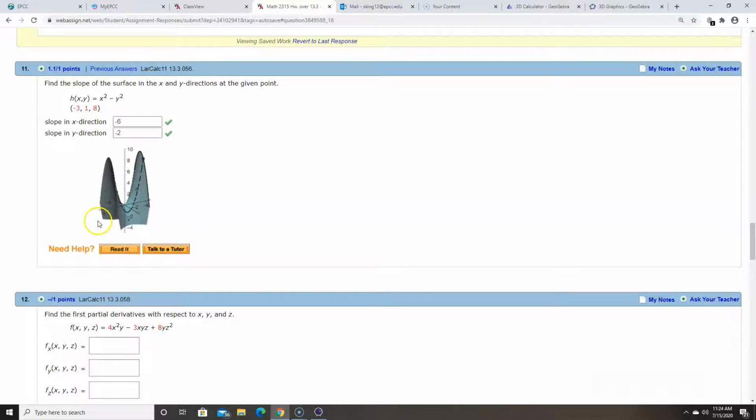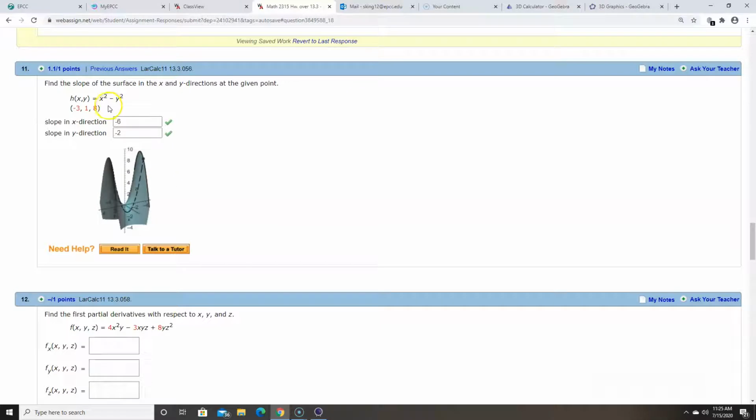Can't really see this very well, but maybe this is the negative 3, the x-axis, y is 1 this way, and then you go straight up. But I can't tell with absolute certainty. And it kind of looks like they got the y over here more, but I can't tell for sure. But here's the point. So I can't help that they didn't draw it that well for us to see.